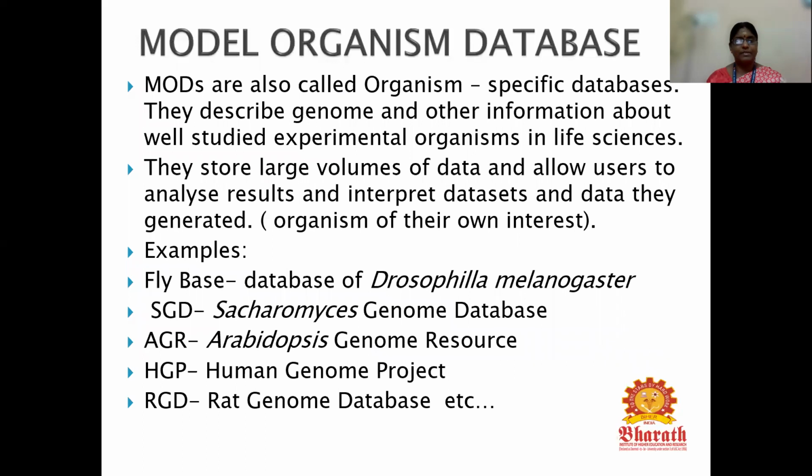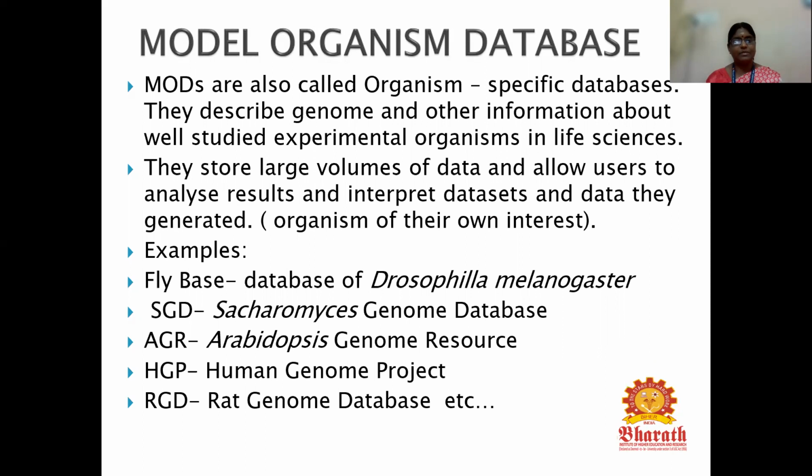Examples include FlyBase, the database of Drosophila melanogaster. SGD indicates the Saccharomyces Genome Database. AGR is the Arabidopsis genome resource for plants, and for humans we have HGP, the Human Genome Project, and RGD for the Rat Genome Database.